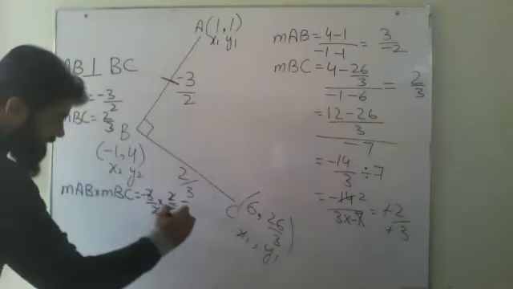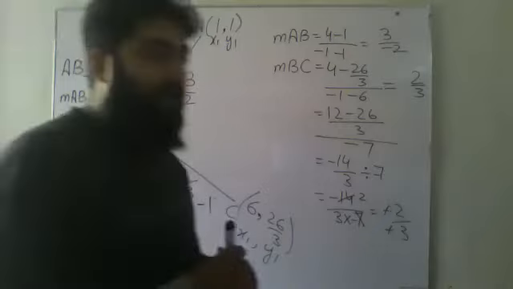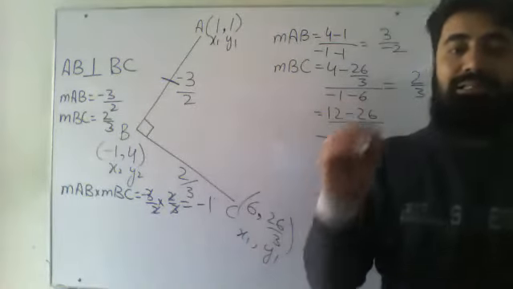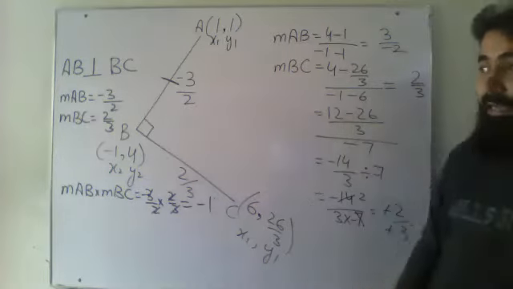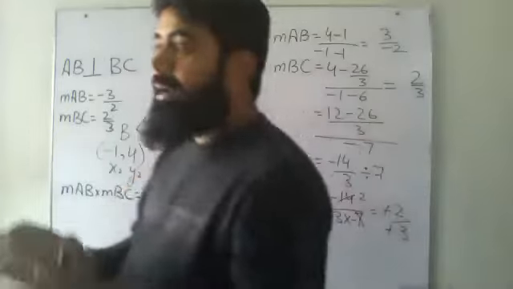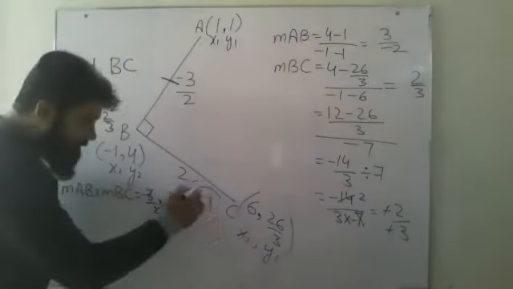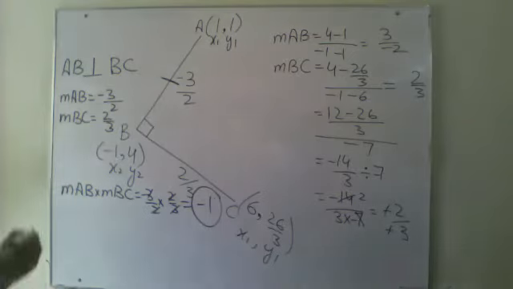The result is coming minus 1. Okay, so what does it mean? It means if two lines are perpendicular and we multiply their gradients, the result will always be minus 1.